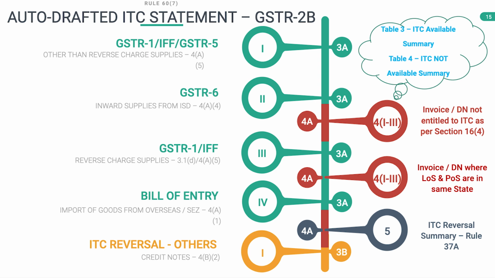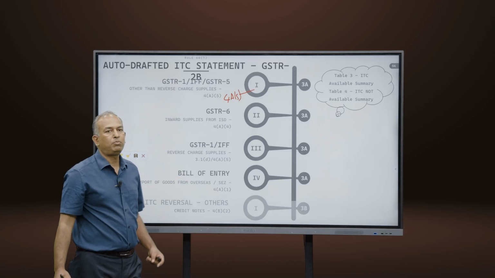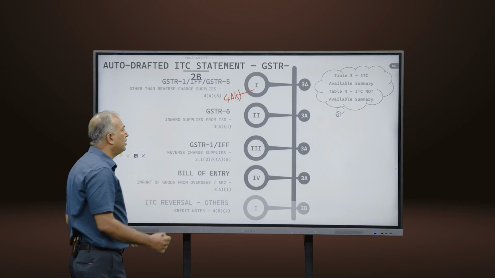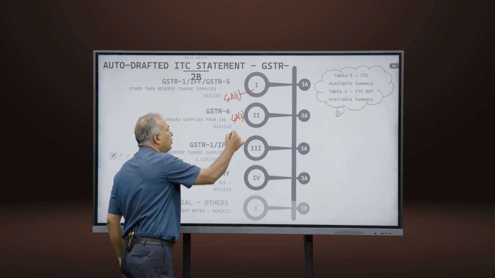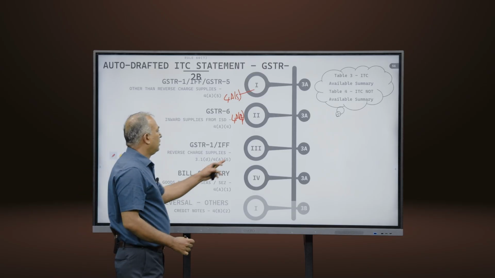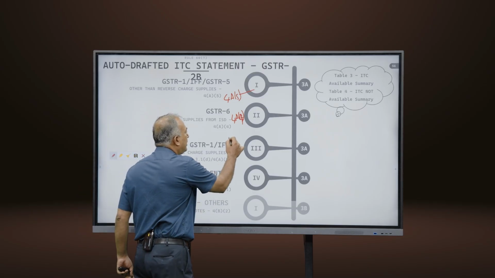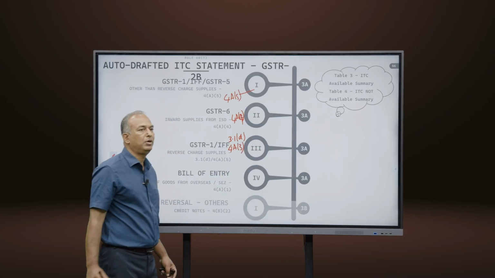Now, whatever is there in your 3A1 auto-populates into the 4A5 of your GSTR 3B. 3A2 auto-populates into 4A4 of your GSTR 3B. 3A3 has to create a liability in 3.1D, and it auto-populates into 4A3 of your GSTR 3B.